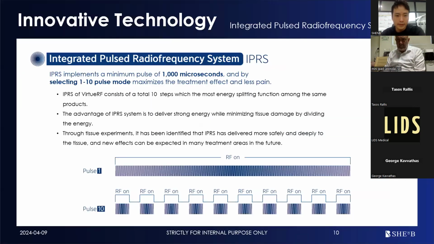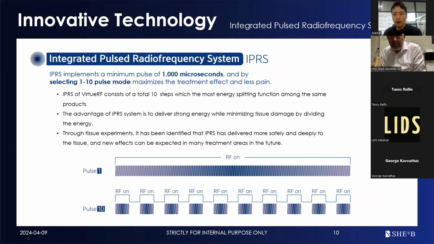market. So this is integrated pulse radio frequency system, which we also call the sub-pulse system. Traditionally, almost all microneedling RF devices have only one continuous wave, which means that while the needles are penetrated inside the skin, the RF energy comes out continuously.